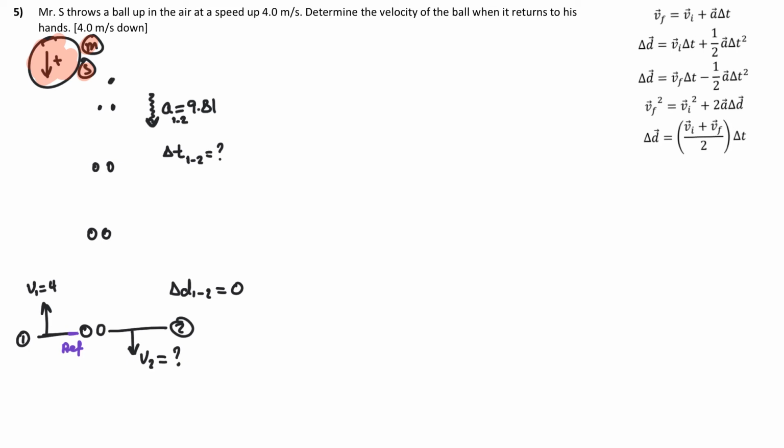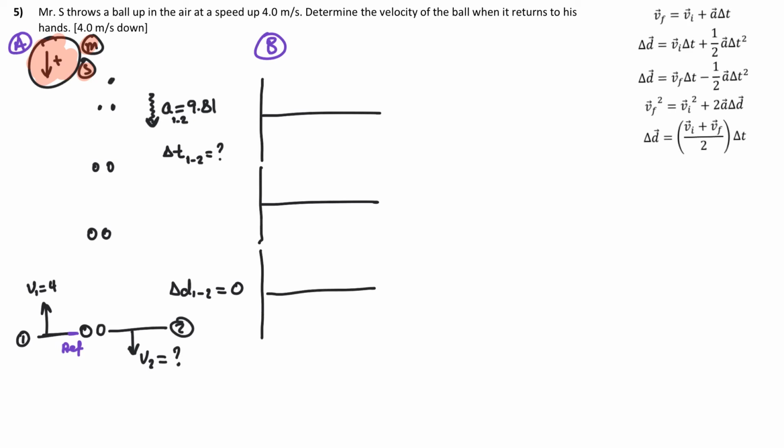This was stage A. Let's do stage B of the question, which is our diagrams. So we got position-time, velocity-time, acceleration-time. And for our position, what's happening to our position?